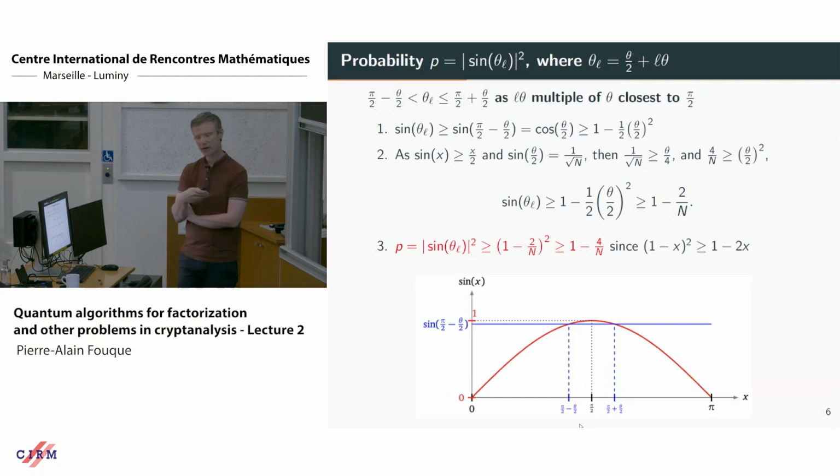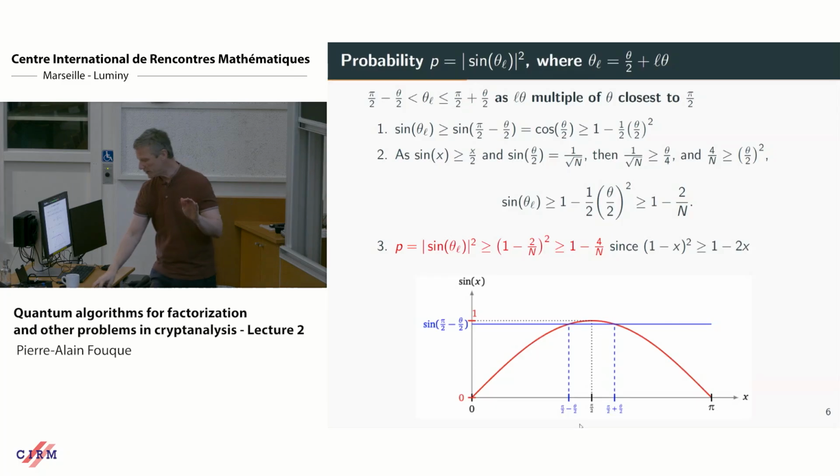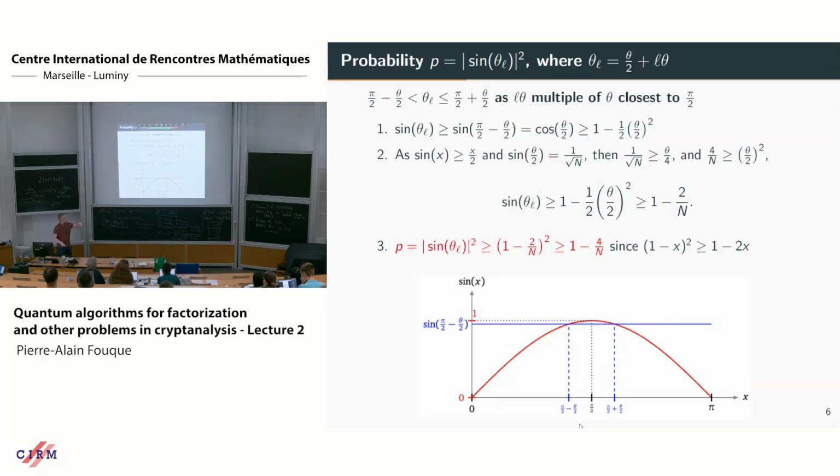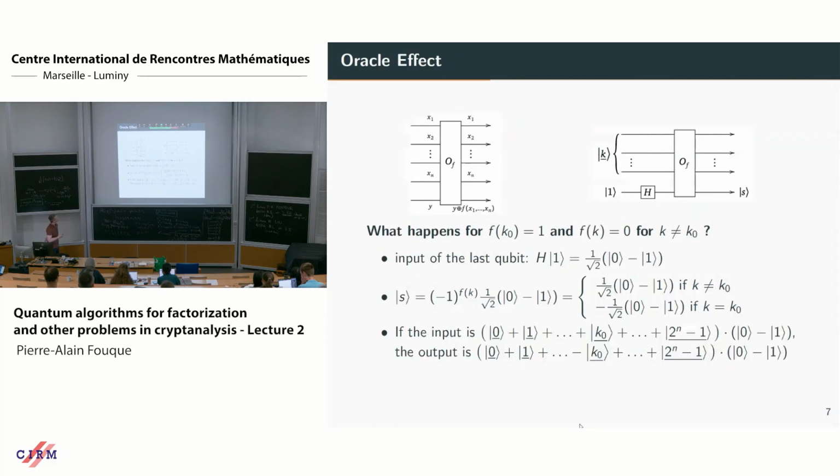Okay? So now I have to explain to you why, in the Grover algorithm, we are doing some rotation. And this is in two steps. So the first step is to see that the function that we evaluate is this function. It's always equal to 0 for all values except for k0. And in this case, here I put 1.